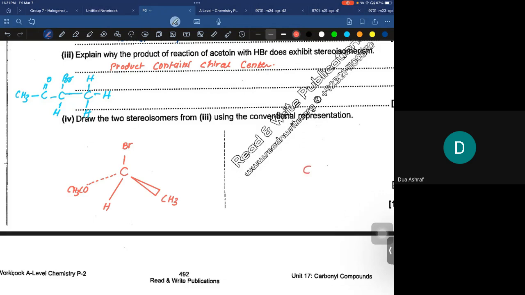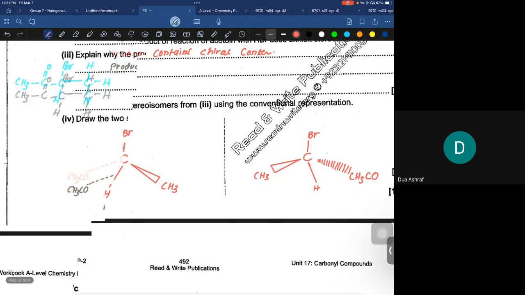Now, the mirror image of this is CH3, H, and this is CH3CO. ये इसका ऑप्टिकल आइसोमर है. इट्स वेरी इजी.